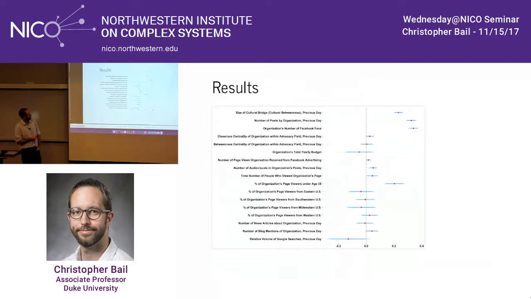Then we look at the social network data, closeness centrality of the organization, betweenness centrality of the organization, and other metrics I can talk about as well. Budget: we're able to measure how often the organizations are paying for Facebook advertising as a confounding factor using the Facebook Insights data. The number of audio visuals the organization uses.